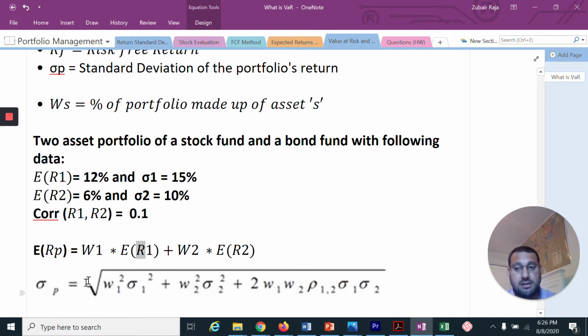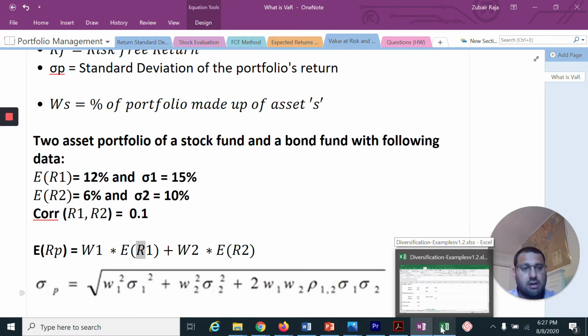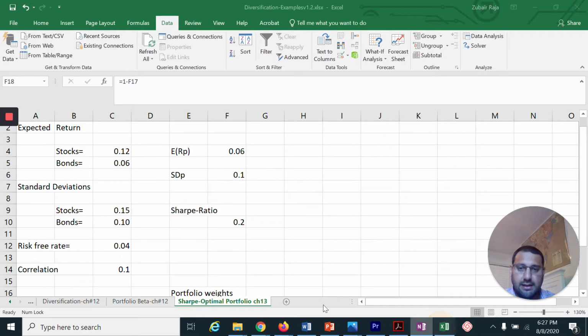This will give us the standard deviation. I've computed the expected return of the portfolio and the standard deviation of the portfolio in an Excel file over here.